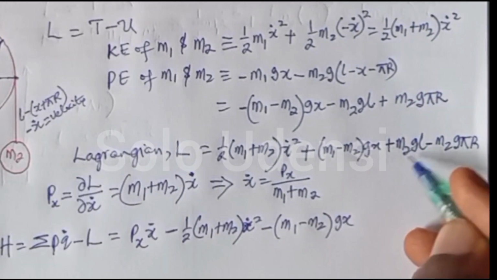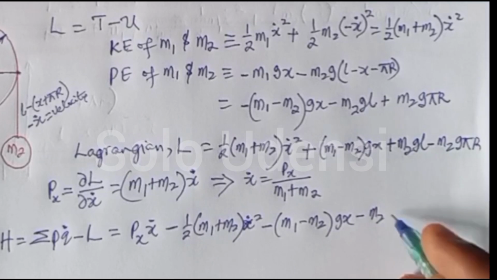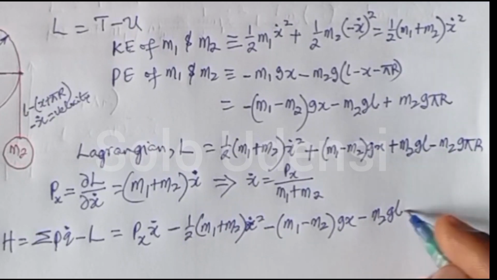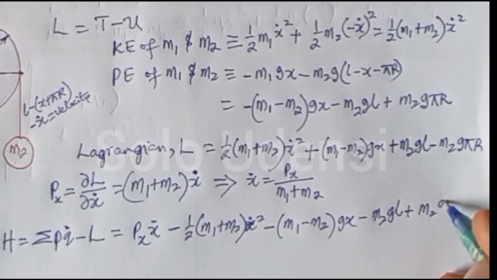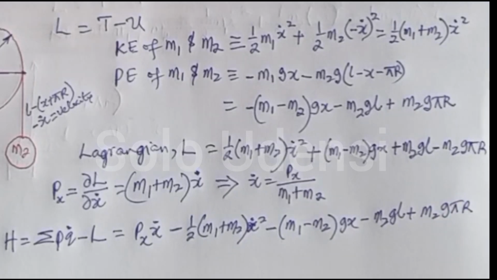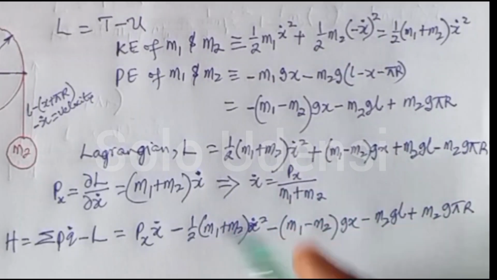Minus M2 gL plus M2 g pi r. Wherever we see X dot, we put this into this equation.